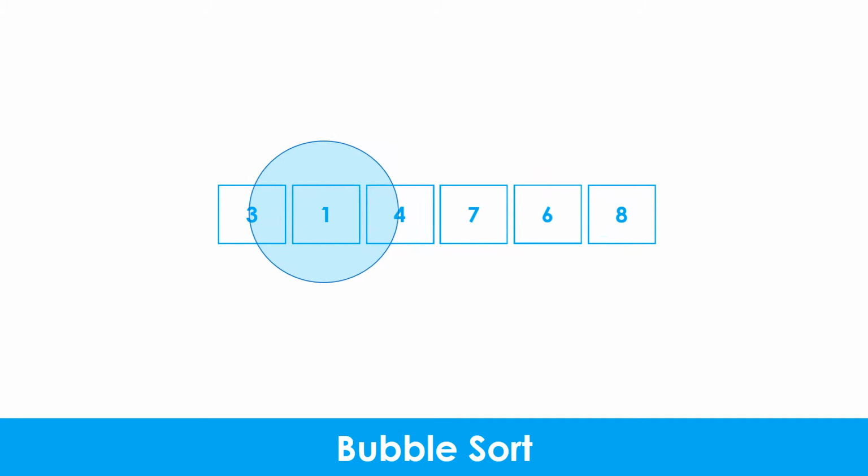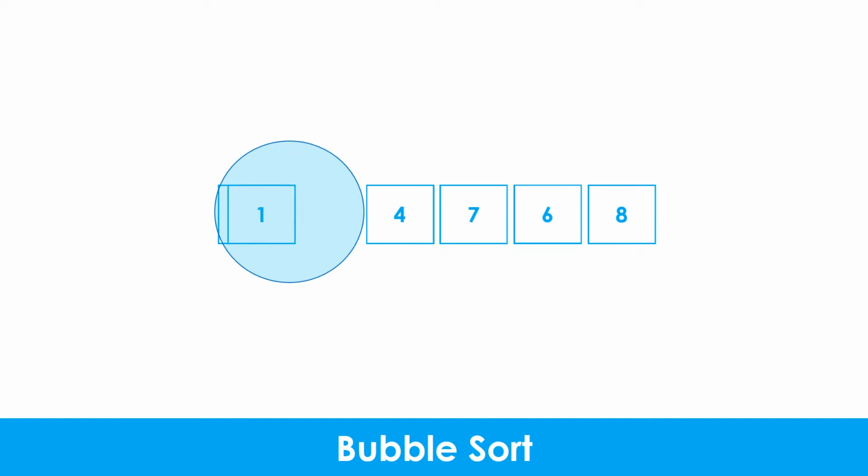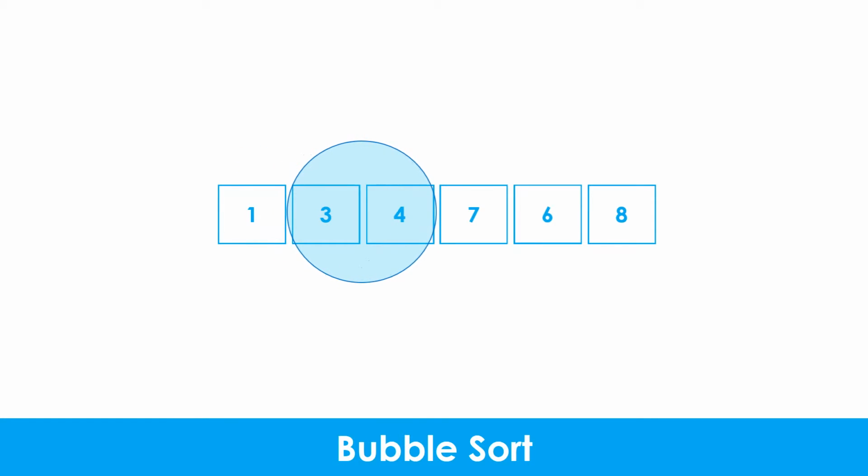The process is repeated until the list is in order. The computer will keep going until there is a complete pass without any swaps.